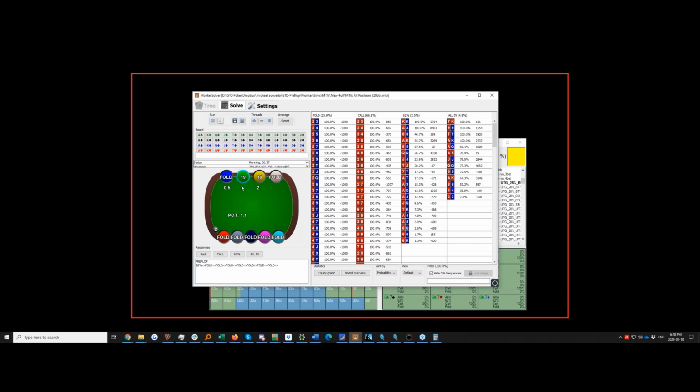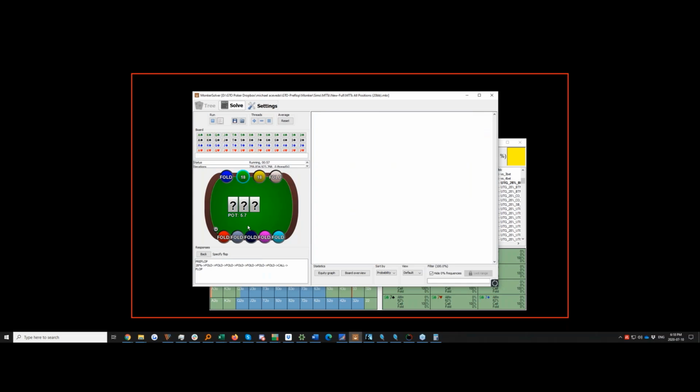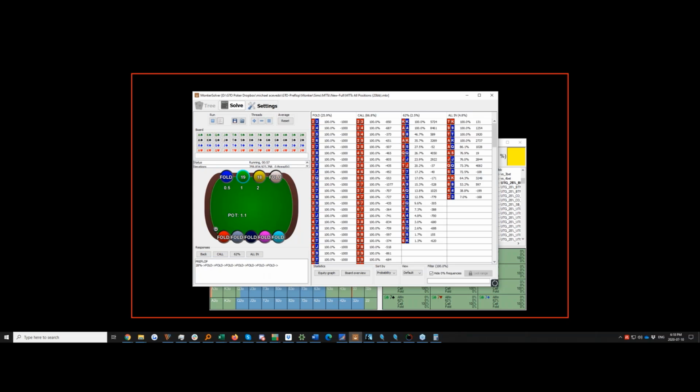You will be calling one big blind for a pot of 5.7. We have a couple of answers here. The correct answer is about 18%, something like 17 point something.